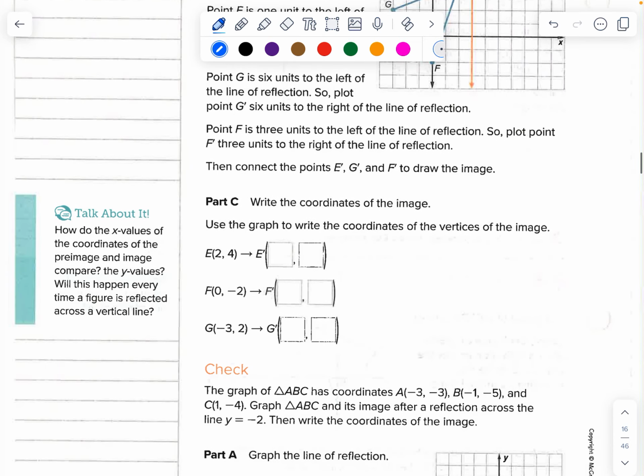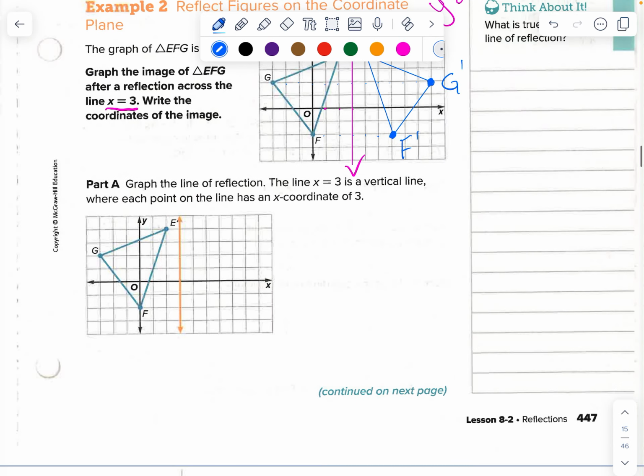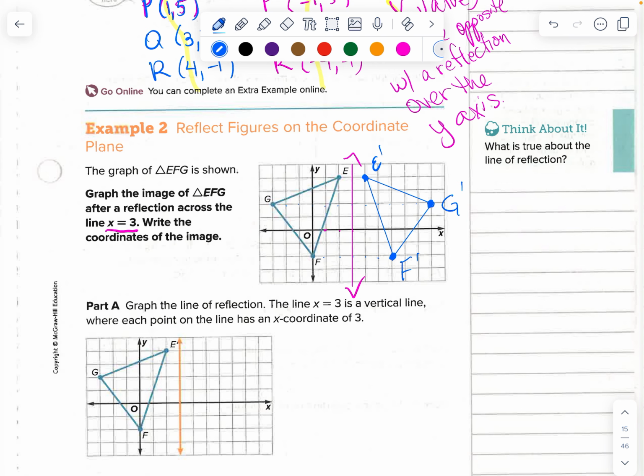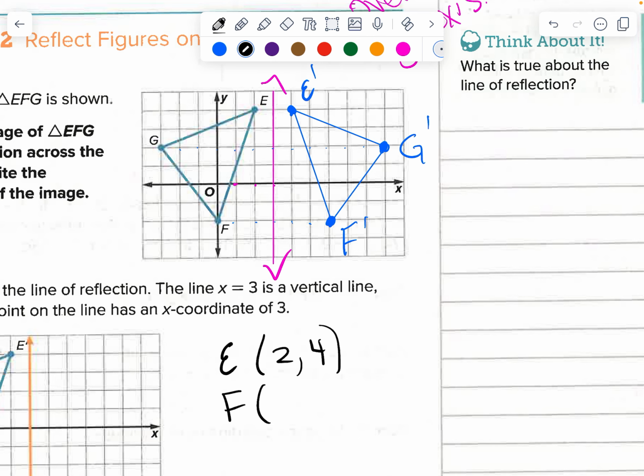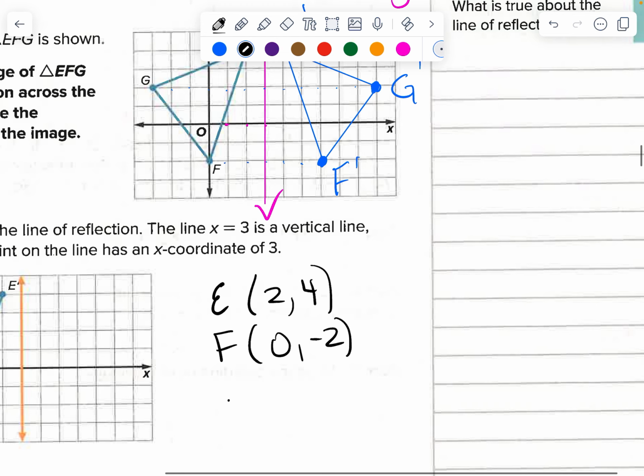Okay. So let me just do it up here. E was at 2, 4. F was at 0, -2. And then G is at -3, 2.